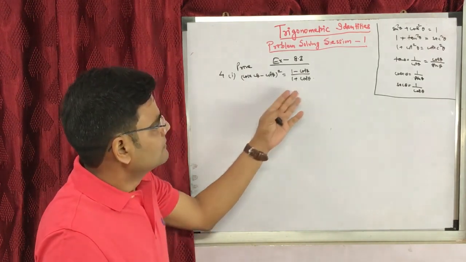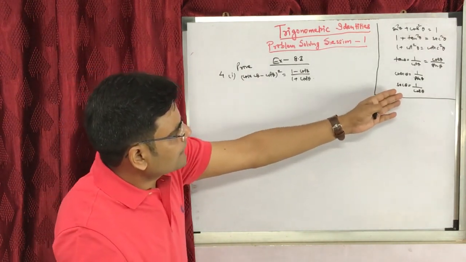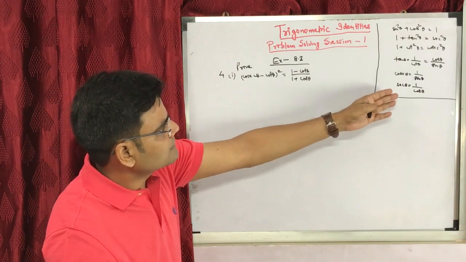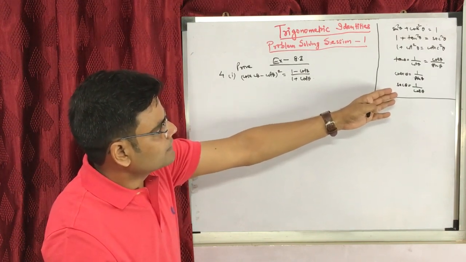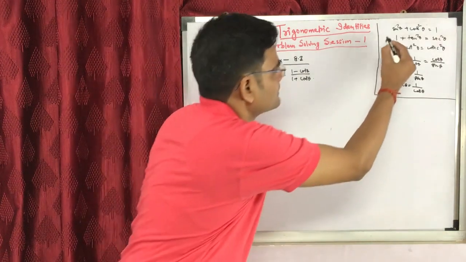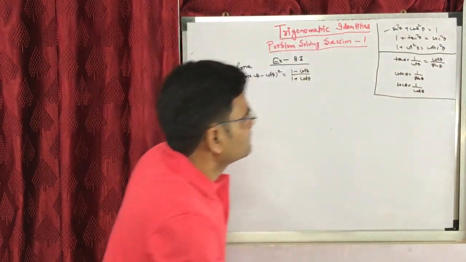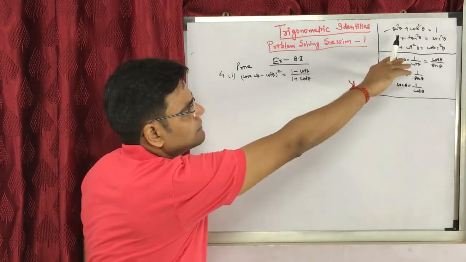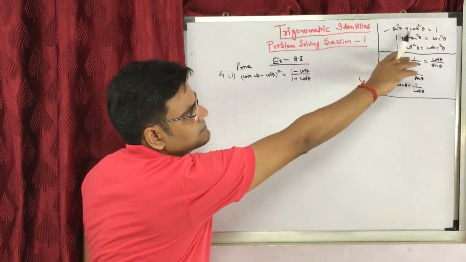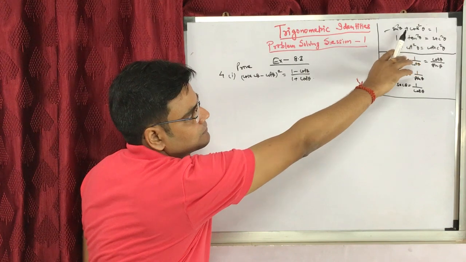Before we proceed, I already told we have to make use of certain formulas whenever we are resolving identities. First is sin square theta plus cos square theta equals 1. Anytime, 1 minus sin square equals cos square and 1 minus cos square is sin square.